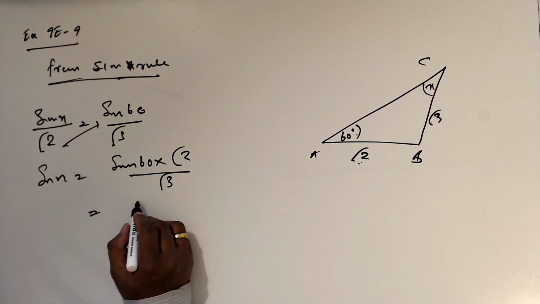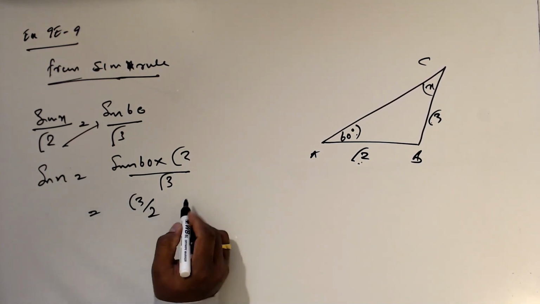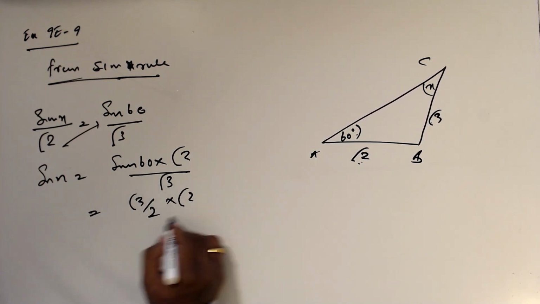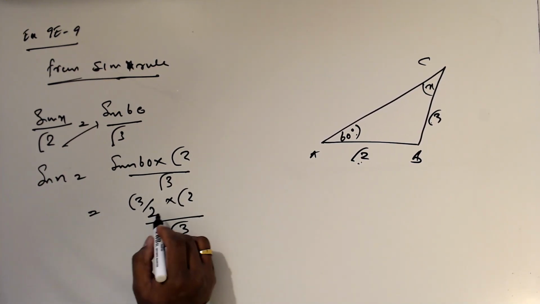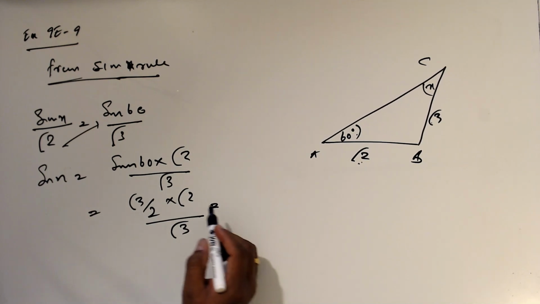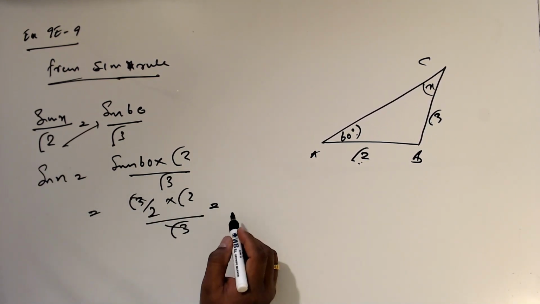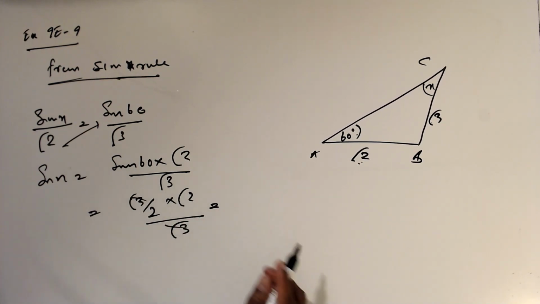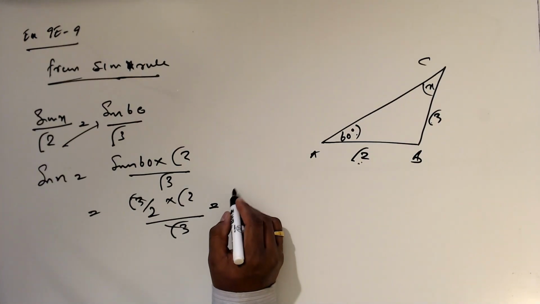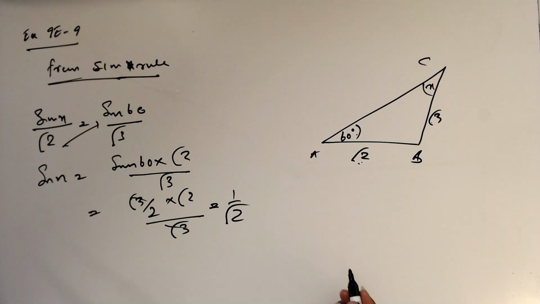Sine 60 means square root 3 over 2 times square root 2 over square root 3. So square root 3 and square root 3 cancel out, and this is going to be 1 over square root 2.